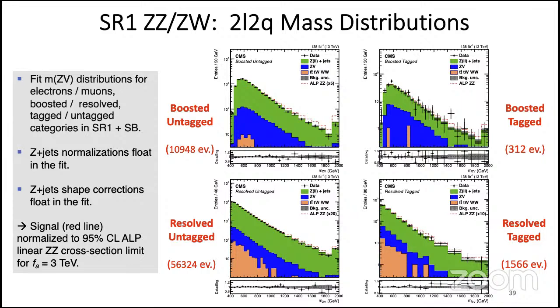In different analyses. For example, in the linear case, we use ZZ to two leptons two quarks. In the other analysis, we use Z and Higgs to two leptons two quarks. The final state is the same. Including when the lepton is a muon or an electron channel? Yes. Okay, thank you.